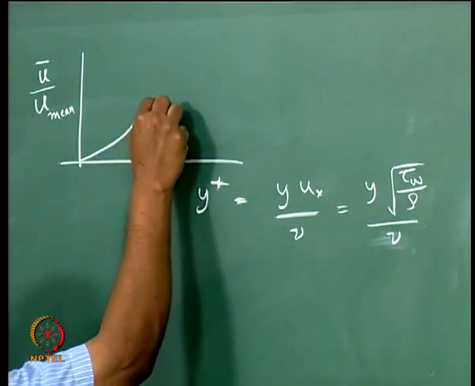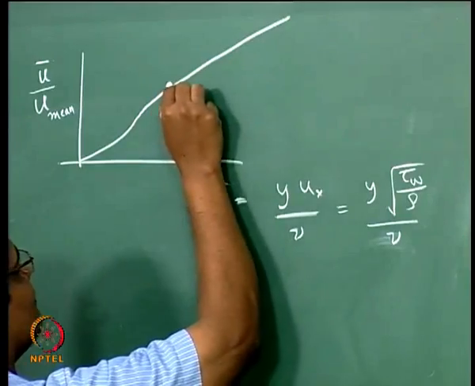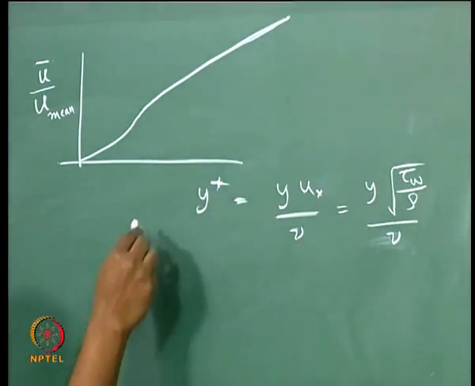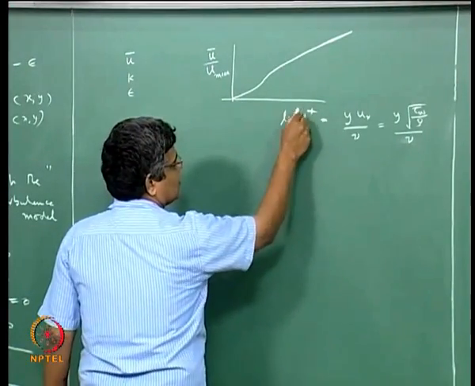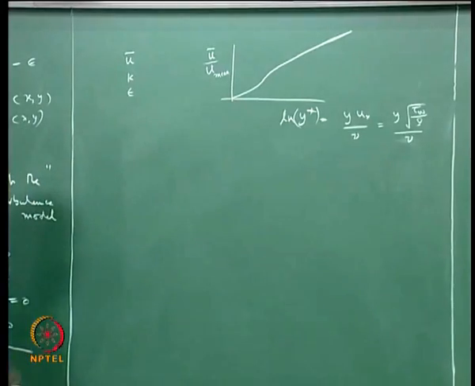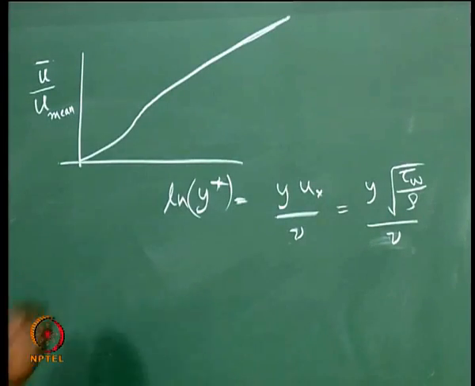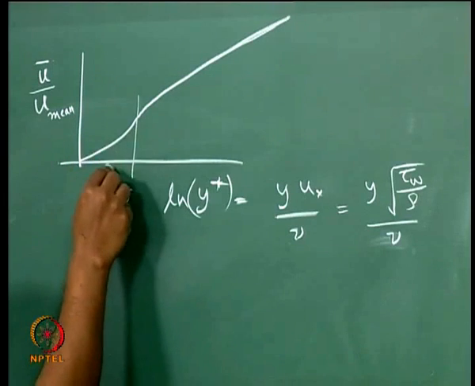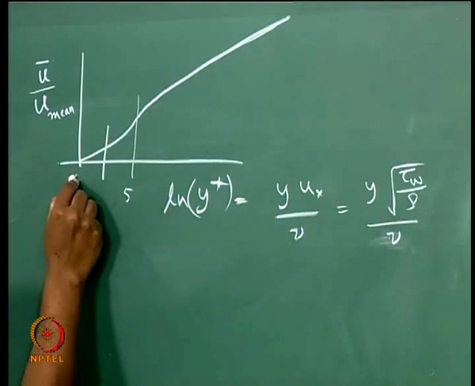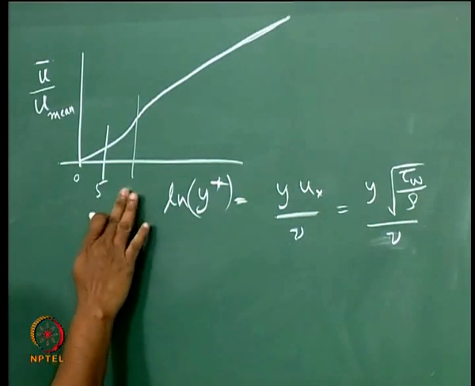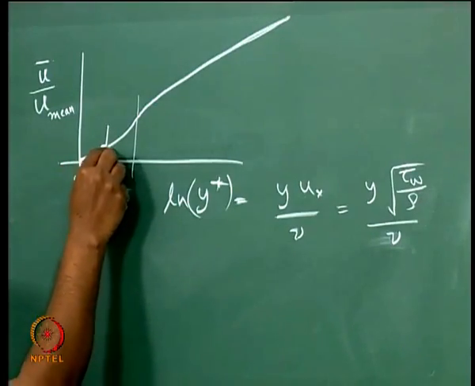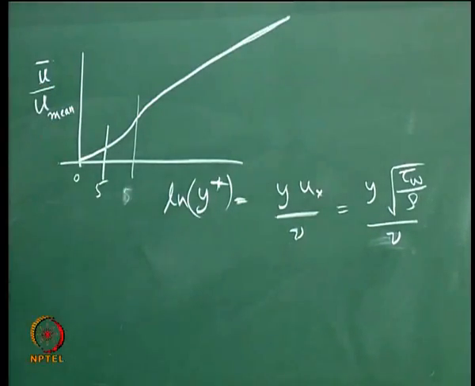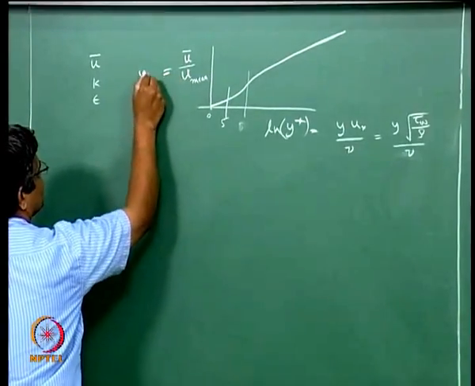It goes through like this and then becomes a fairly constant thing on a log plot where y plus is plotted like this, and over a distance of y plus from 0 to 5 you have a linear variation between u plus and y plus. So this we call u plus.